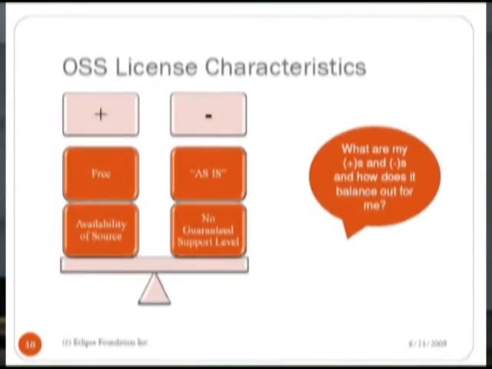So, open source license characteristics. I've got a plus and a minus on this slide, but really whether or not a characteristic is a positive or a negative depends on your individual circumstances and what your needs are. So for example, on the plus side, I've indicated that it's free. Now, some people would argue that there's still an investment of engineering resources and time to ramp up understanding the software, and that's true.